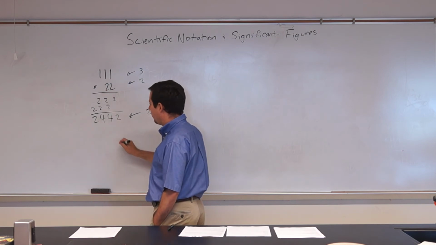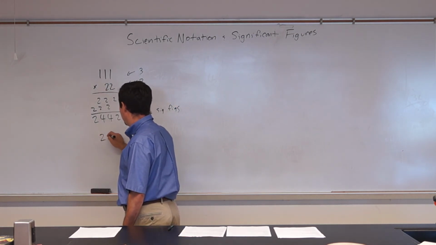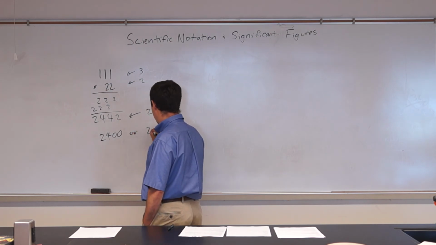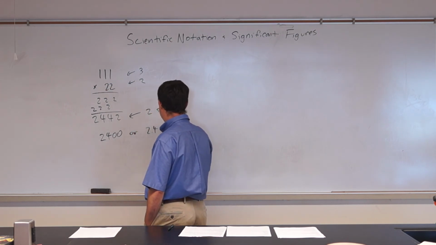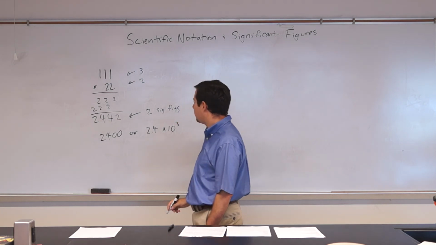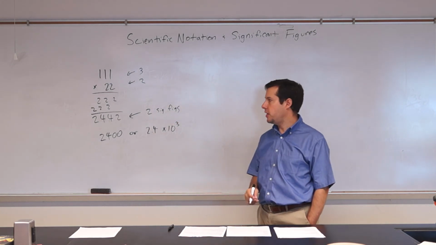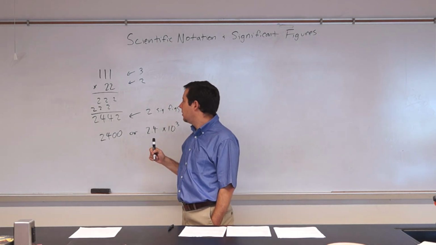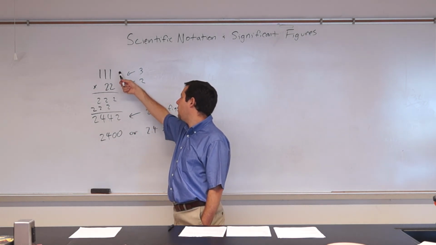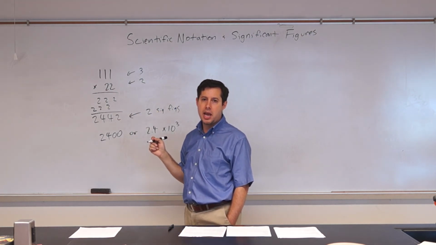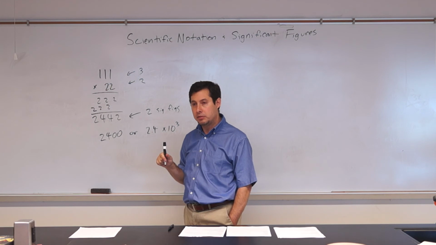So instead of 2442, it becomes 2400, or 2.4 times 10 to the third. 2 sig figs. The same technique is true with dividing. So when you're dividing, you look at the minimum number of significant figures, and that's what your answer should have.